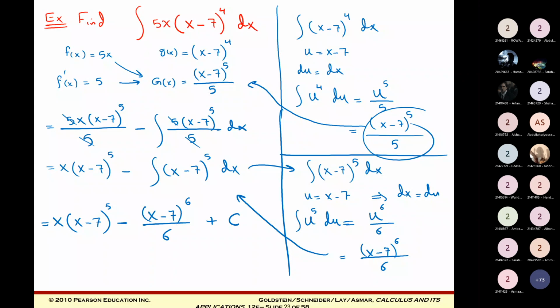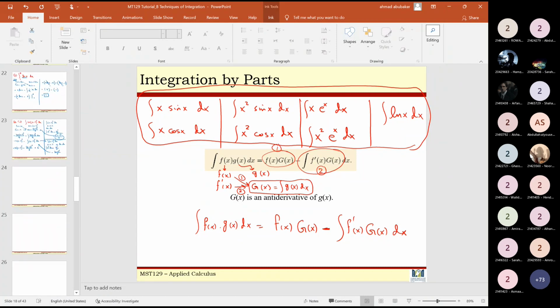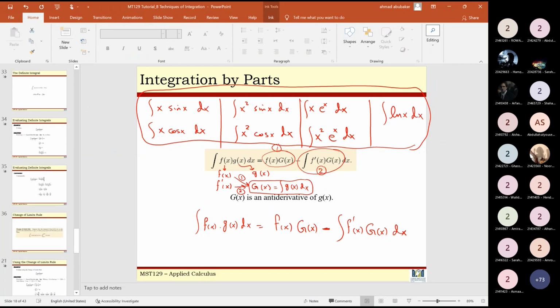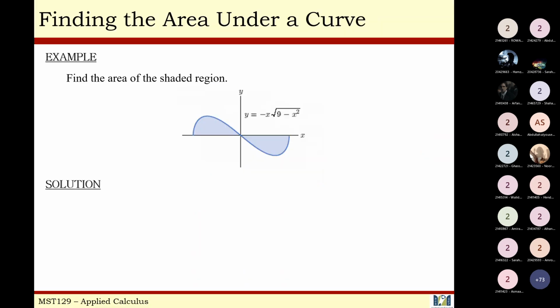طيب. Now the last example, we have an application here. Look at this application. We need to find the area. So we have area 1 and area 2.